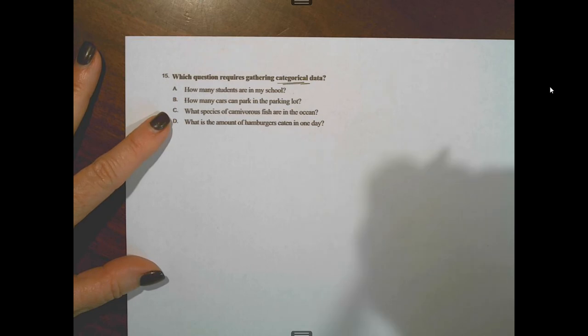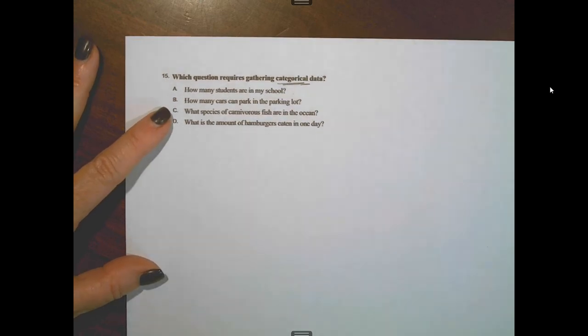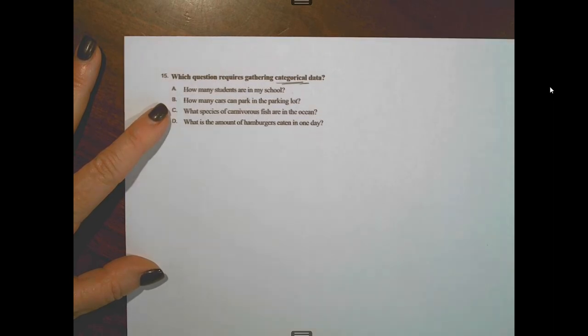B, how many cars can park in the parking lot? Well, we'd have to go out and count the number of parking spaces. So again, that's not giving us categorical answers or answers of information that can be categorized. What species of carnivorous fish are in the ocean?